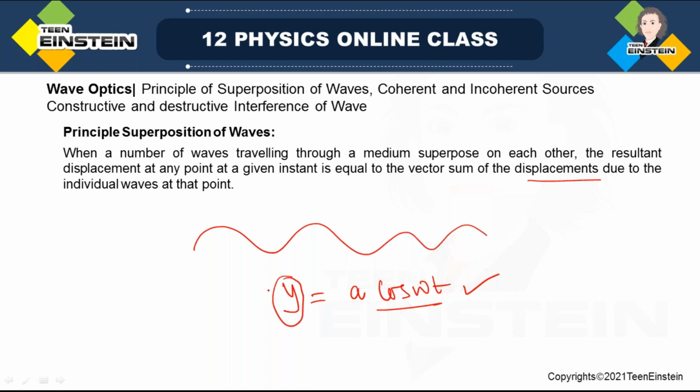What is this y? Actually, if we think of an elastic wave, then what happens? There will be a source of sound. So what happens when there is a source of sound and the waves are produced?